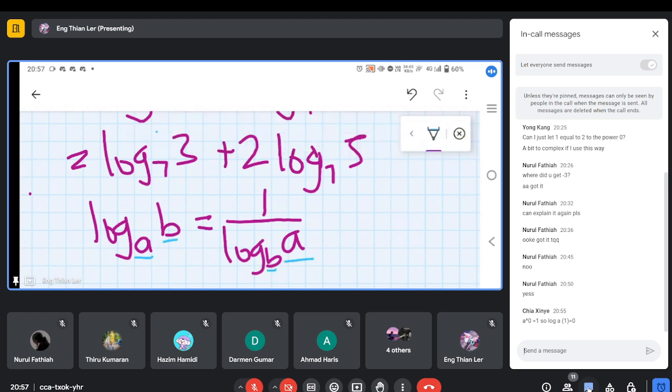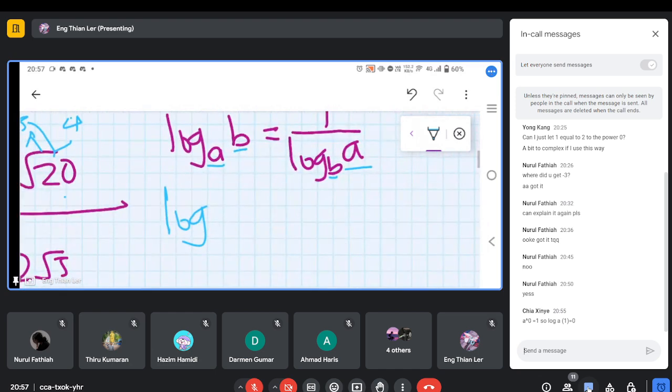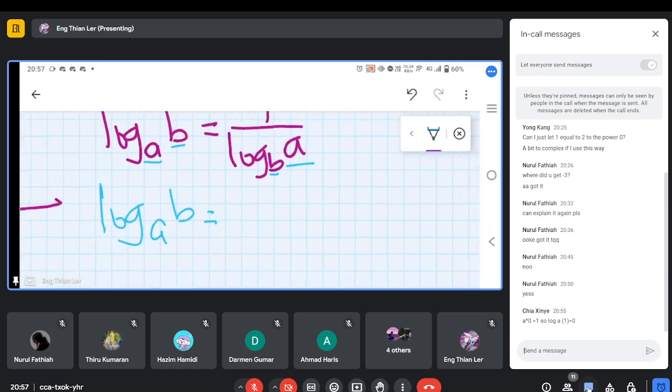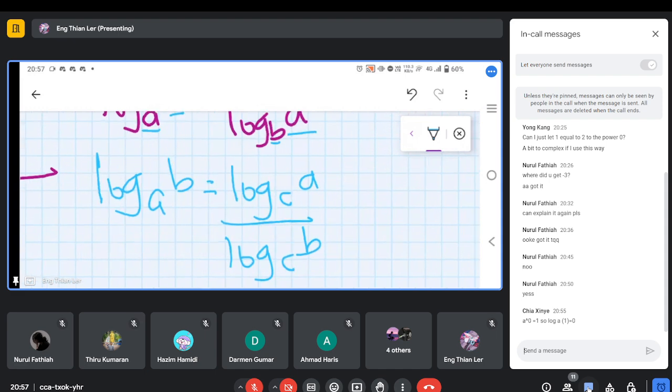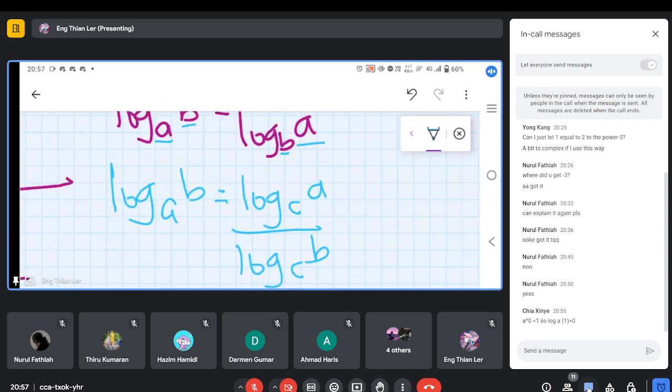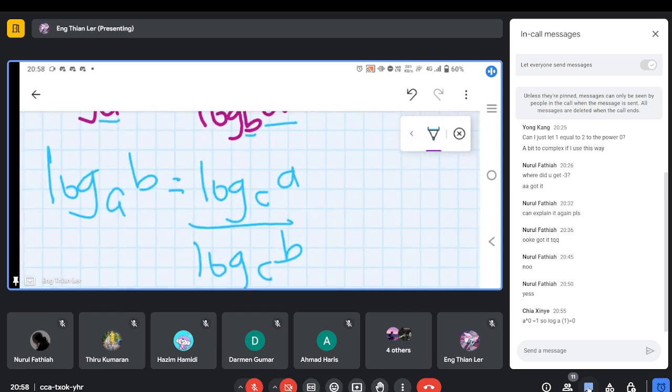So how this works, I'm going to explain right now. With this formula, we're just going to substitute a with b.